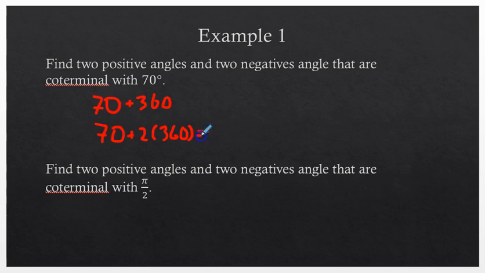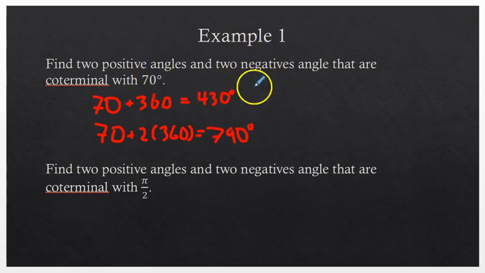I also could have done 3 times 360, 4 times 360, whatever I wanted. Either way, these should give me some positive answers here. So for my positive coterminal angles, I'm going to have 430 and 790. Those two angles are essentially the same as 70 degrees.